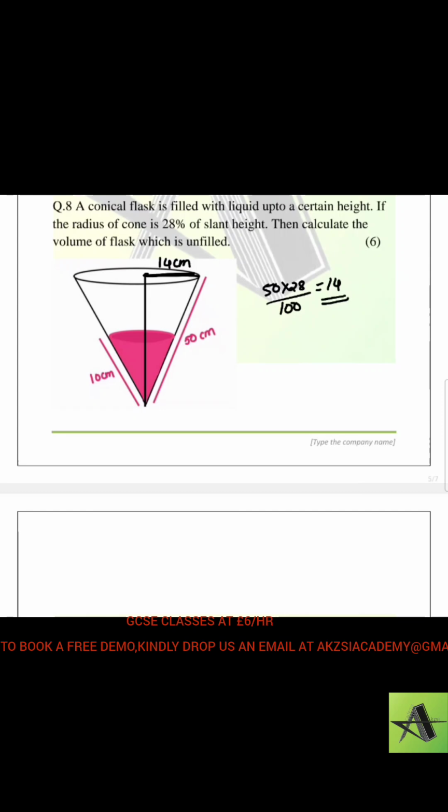To calculate the height, I have to apply Pythagoras theorem, which will give me 50 squared. See, square of hypotenuse is always equal to square of other two sides. And how would we know which is hypotenuse? Hypotenuse is always opposite to the right angle. This is right angle obviously. So the side opposite to right angle is always hypotenuse.